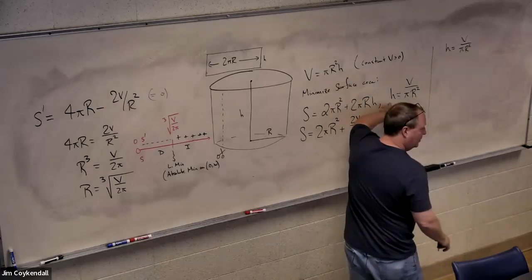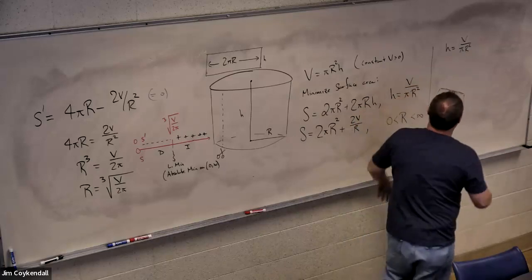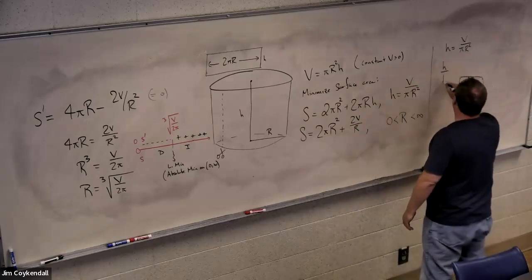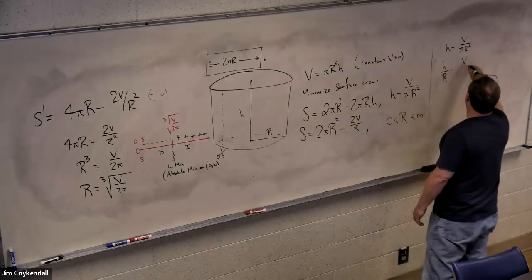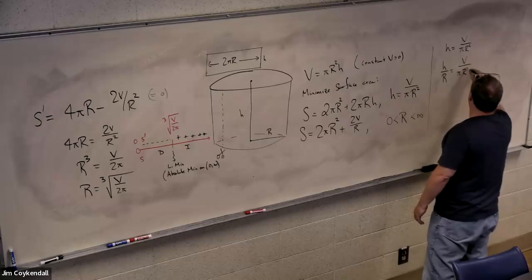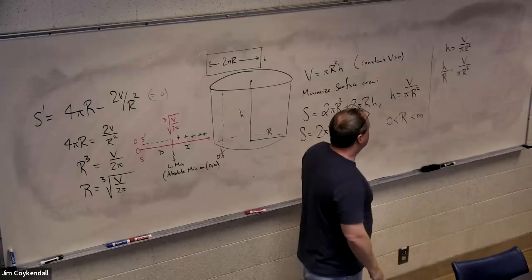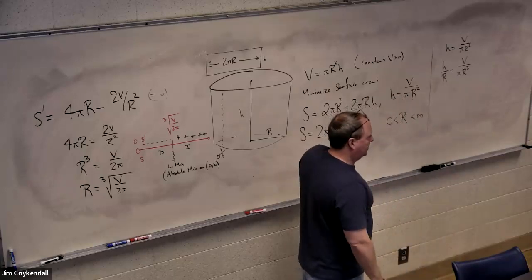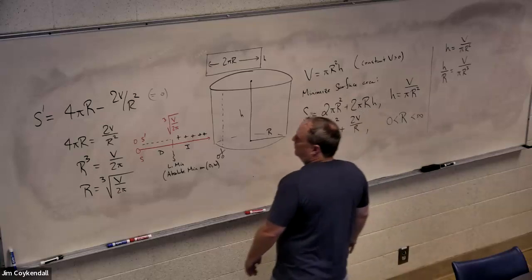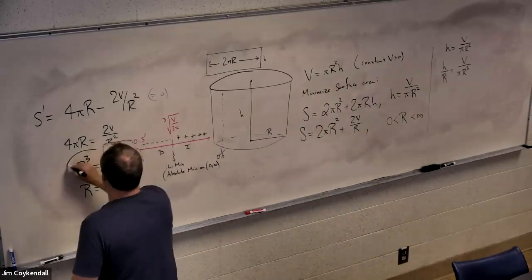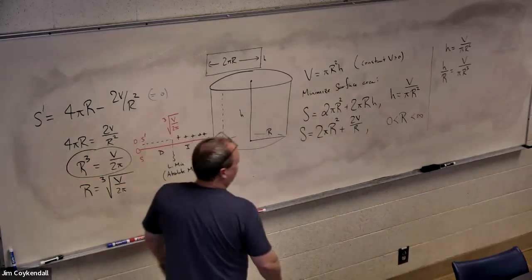Divide both sides by r. Notice at the critical number, r cubed is b over 2 pi.